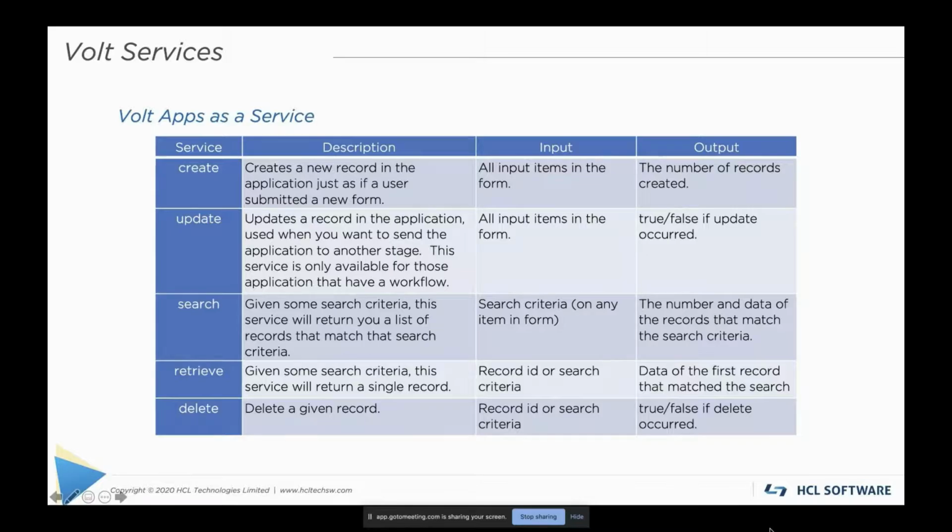From the input standpoint, it's going to return one. An example of that would be go get employee first name, last name, and address when given the employee ID, versus the search where it says go find all employees who have this as their city, and it's going to return multiple.